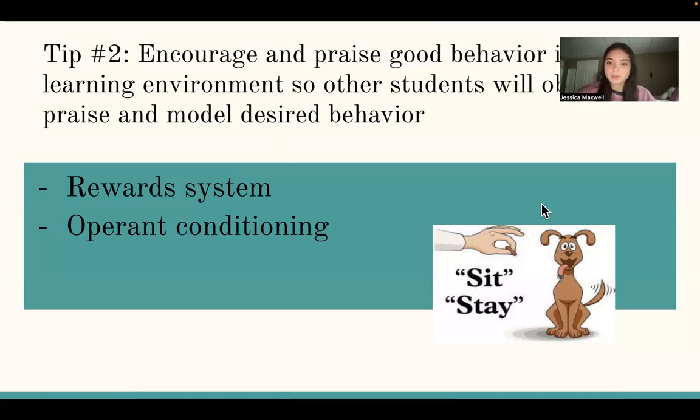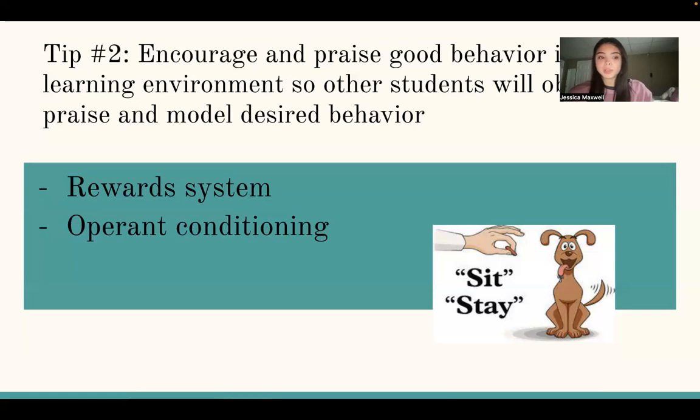I did include this picture not to liken the children to a dog, but it helps explain the concept. When you are training a dog, you tell them to sit or stay. If they do it, they get a treat. And if you do this over and over again, the dog learns, oh, if I follow this command, then I get a treat.